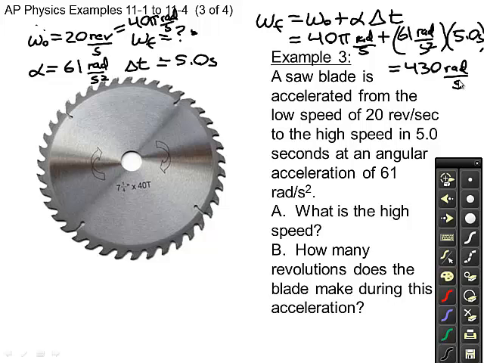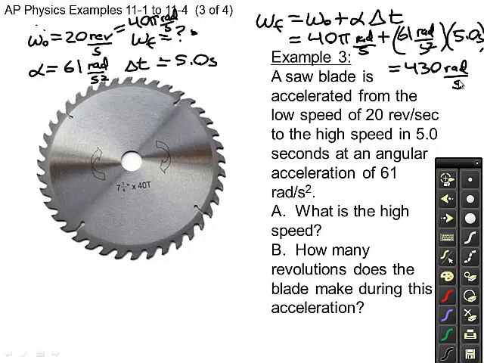Divide by 2 pi. And if they insisted, we could say, oh, okay, it's 69 revolutions per second. 68.5, unfortunately, rounds to 69 revolutions a second. Okay? RPS. Probably, if you were looking at an actual saw, they probably wanted RPM, revolutions per minute. But we're okay with it.